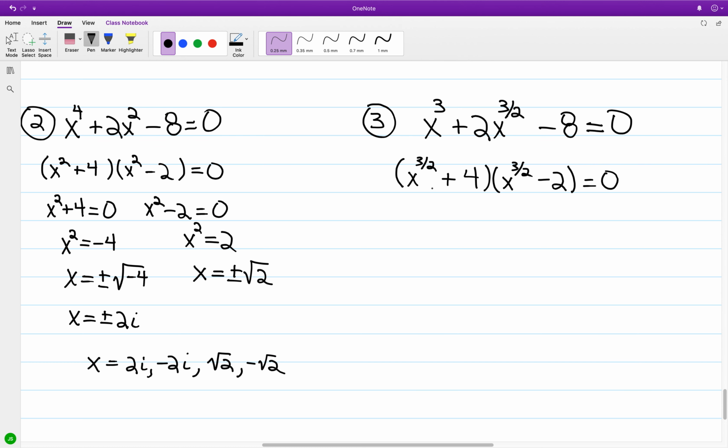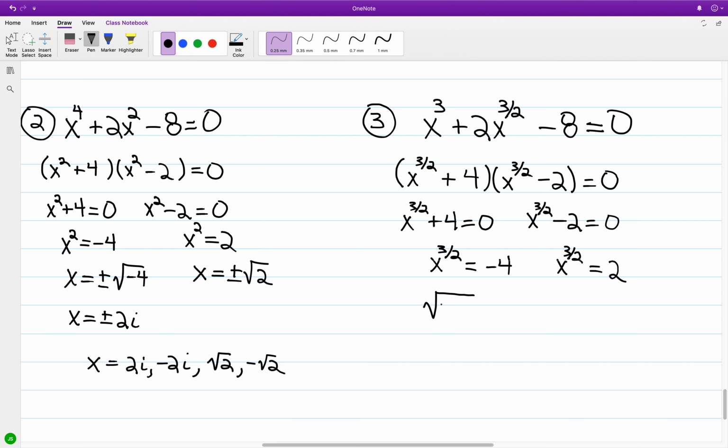Applying the zero product property, you have x to the 3 halves plus 4 is equal to 0, and x to the 3 halves minus 2 is equal to 0. So x to the 3 halves is equal to negative 4, and for x to the 3 halves minus 2 equal to 0, I have x to the 3 halves is equal to positive 2.